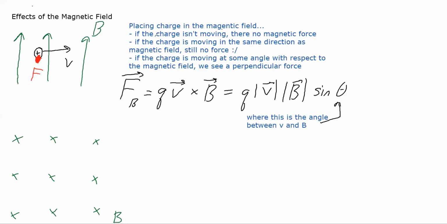Okay, and then I'm going to have a charge. Do you want to make this positive or negative? We'll do a negative in a second. Let's just keep it positive. So I have a charge going like this.